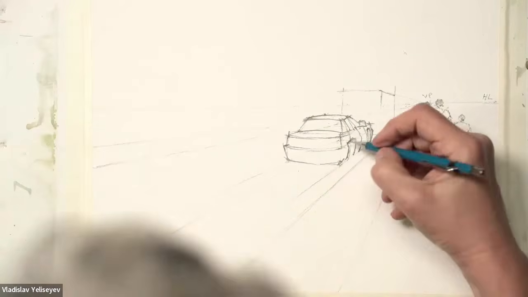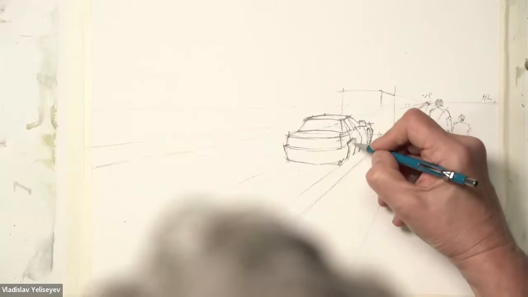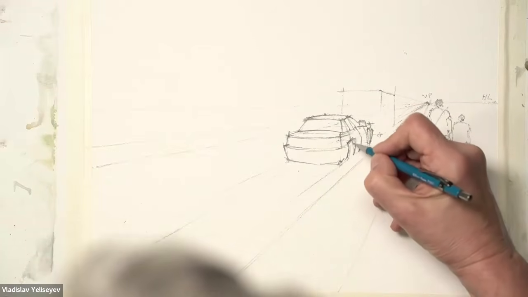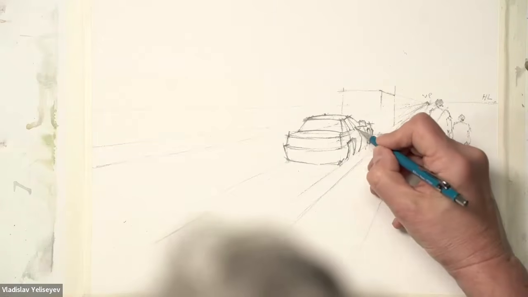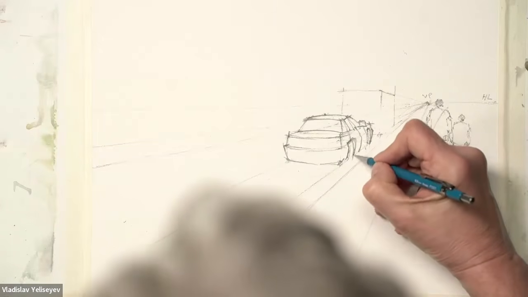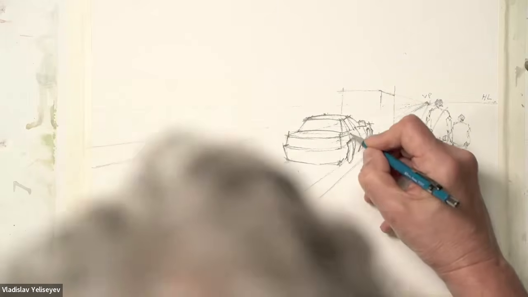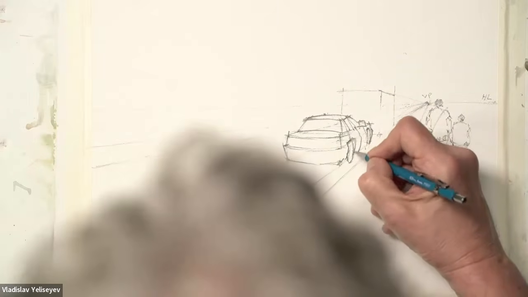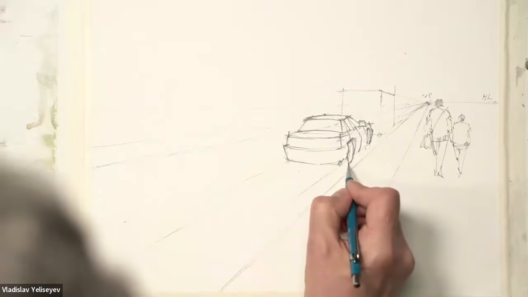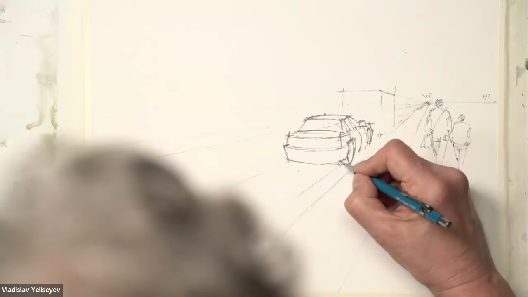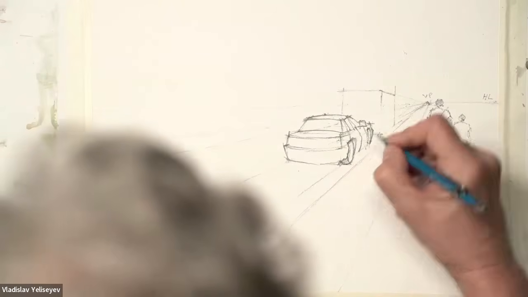Now we're going to insert the actual tire itself. Just imagine it is a cylinder, which is no longer following this curve. It's really a cylinder, looking straight and placed vertically. This is the front of it, and that is the tire front.